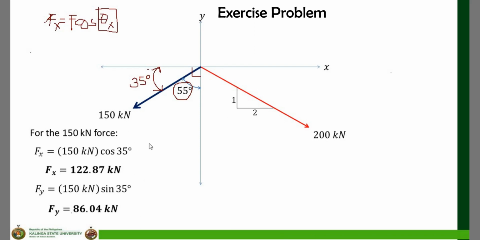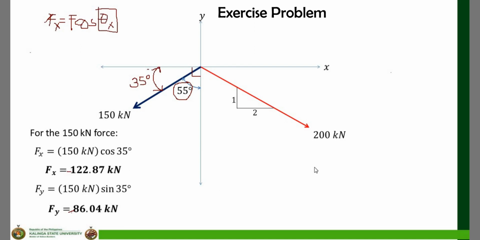These are my answers. And since I've discussed with you the sign conventions, 150 kilonewtons is pointing to the left, so that should be negative. And the Fy is pointing downwards, so this should be negative as well. Nakuha po ba natin? Let's proceed with these 200 kilonewtons.